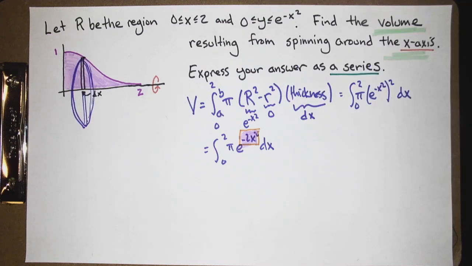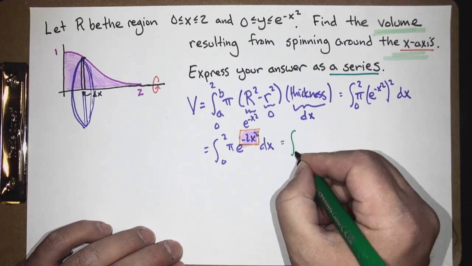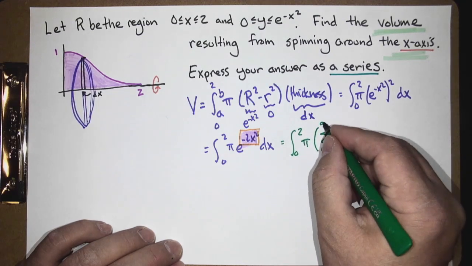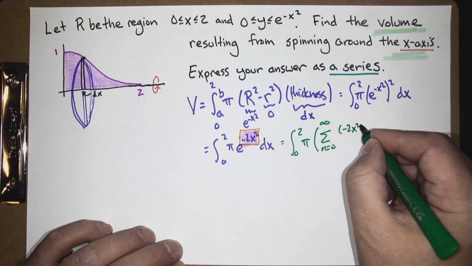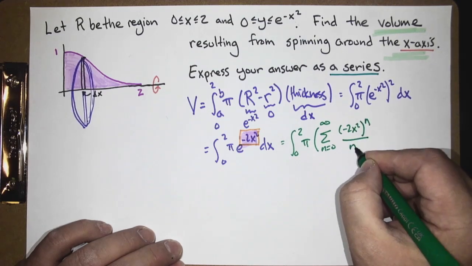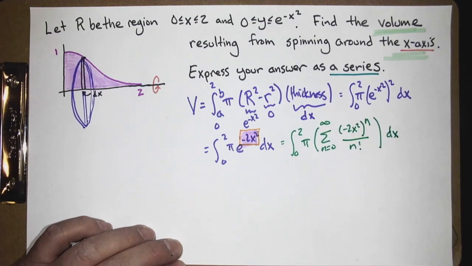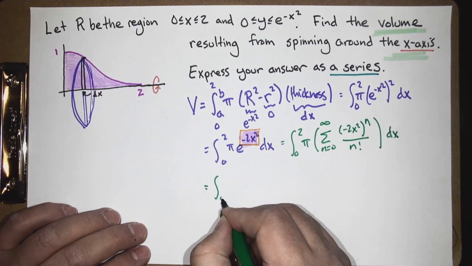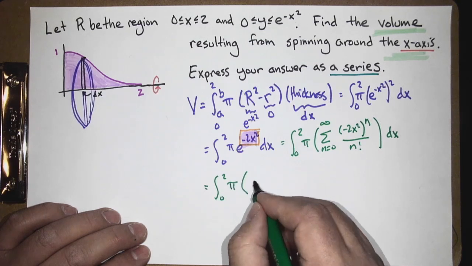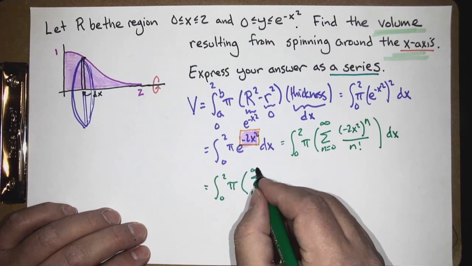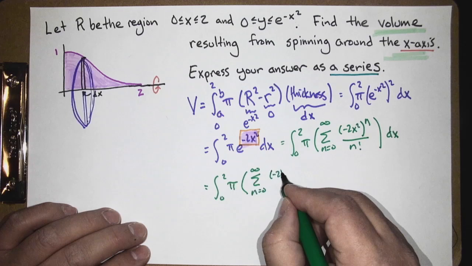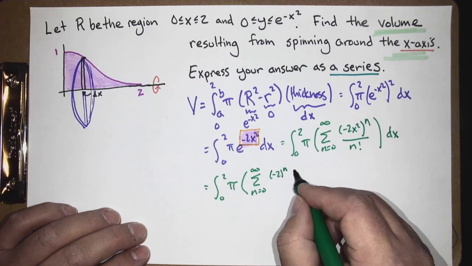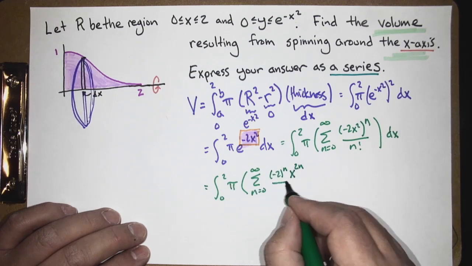We say, all right, this becomes equal to the integral from 0 to 2 of pi times the sum n equals 0 to infinity of minus 2x squared, this is our box, to the n over n factorial dx. Okay, I'm just going to rewrite this. This is minus 2 to the nth power, because I can take the nth power and distribute it, x squared to the nth power, x to the 2n.